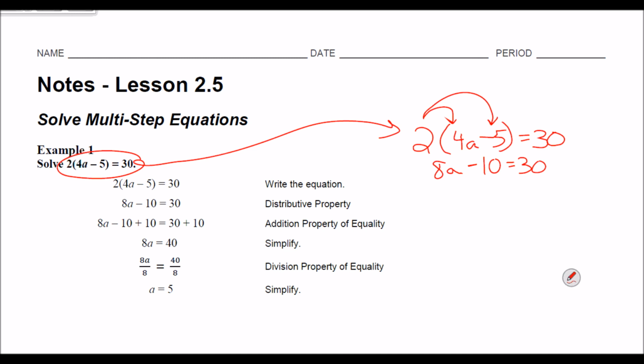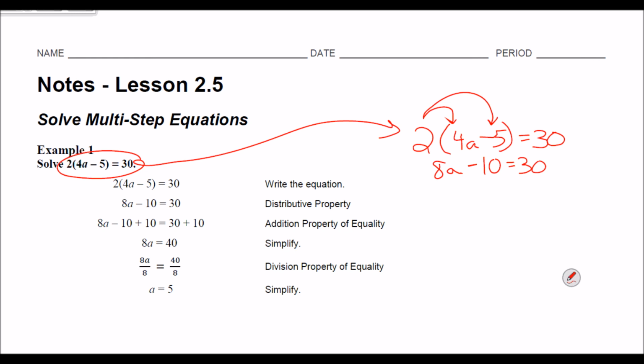So after we get rid of that parenthesis, in this particular problem, there is no combining like terms. And what we do to combine like terms is we cover up and look at each side of the equation. So if we're covering up the right side and ignoring the 30, we're looking only at the 8a minus 10.